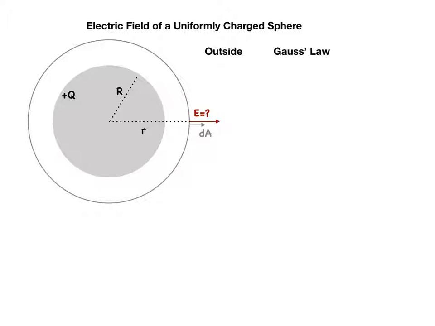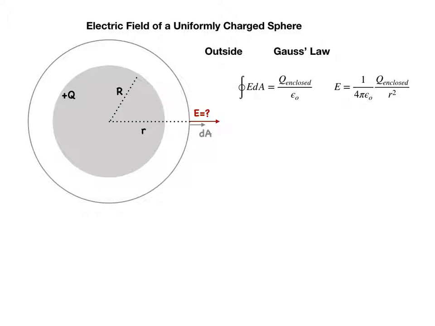Applying Gauss's law for this Gaussian surface that is outside the actual physical sphere, the electric flux, the integral of E dA, must be equal to the enclosed charge over epsilon naught. Here epsilon naught is the permittivity of free space. Since we're outside the actual physically charged sphere, we have enclosed the entire charge plus q.